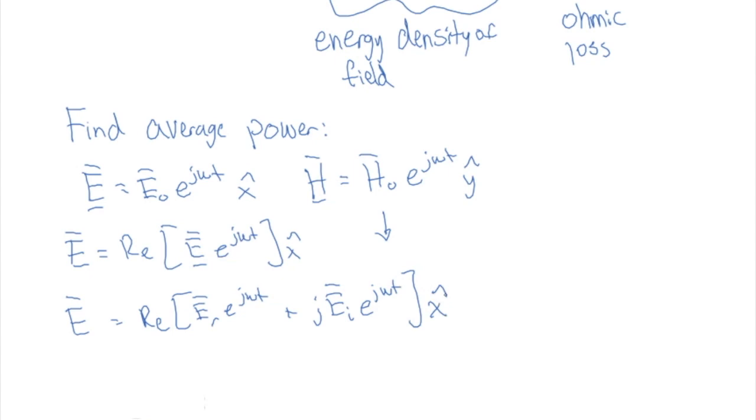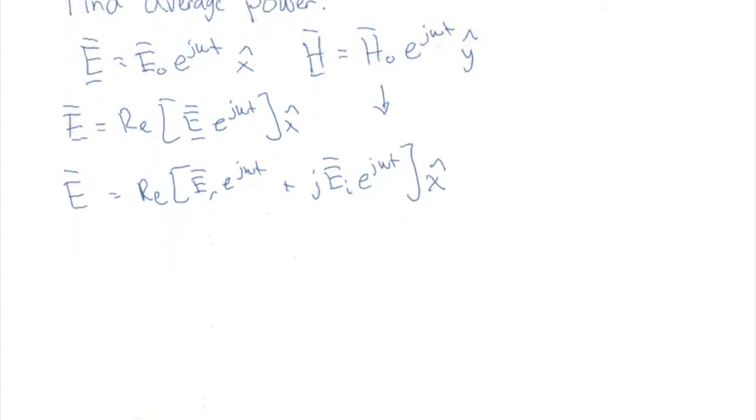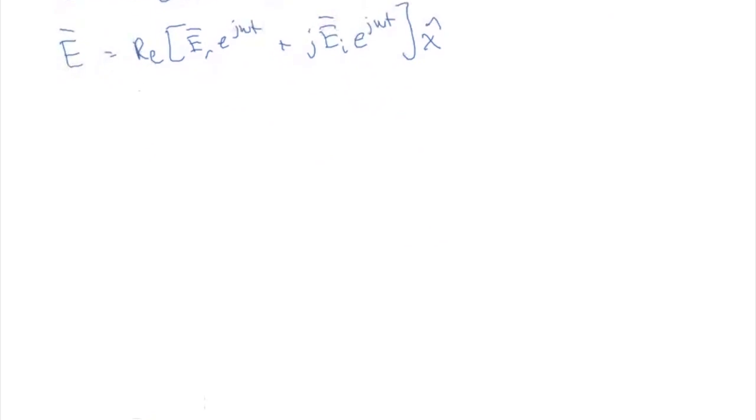And then using our Euler identities, we can rewrite our electric field in terms of its real components, which is E equals ER times cosine omega t minus EI times sine omega t.